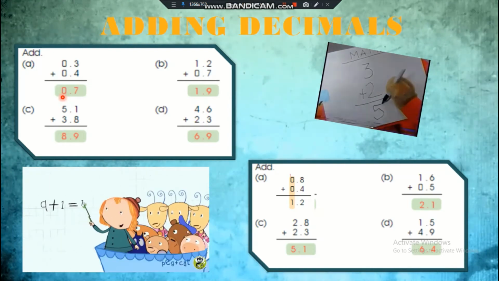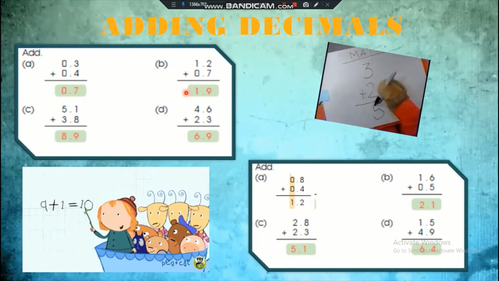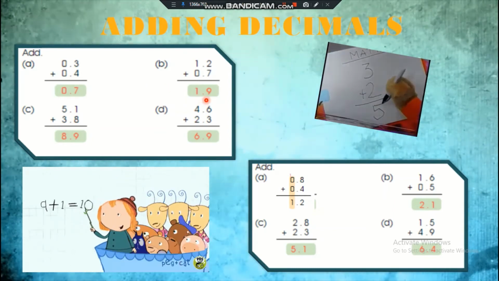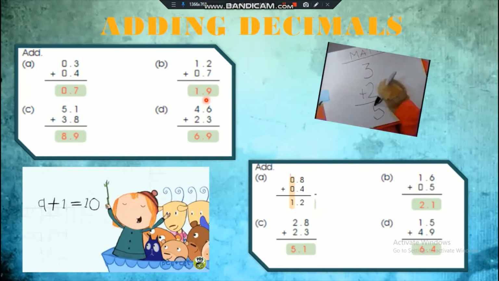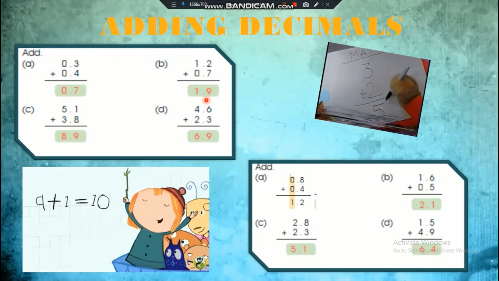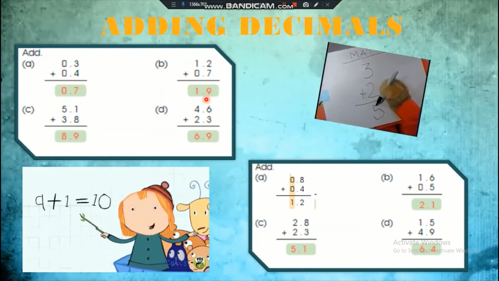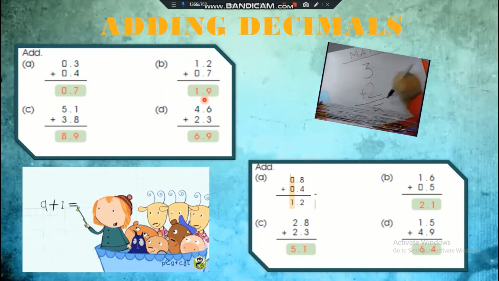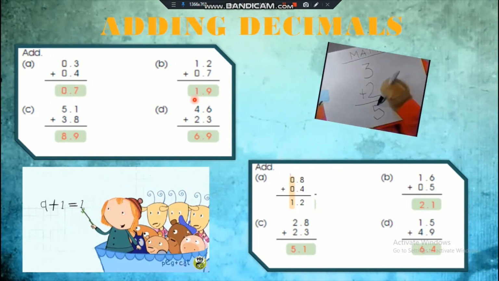So 0.7, or you can say 7/10. Over here we have 1.2 plus 0.7 makes 1.9. But how? Well, 2 plus 7 makes 9. Your decimal comes as it is and 1 plus 0 is 1.